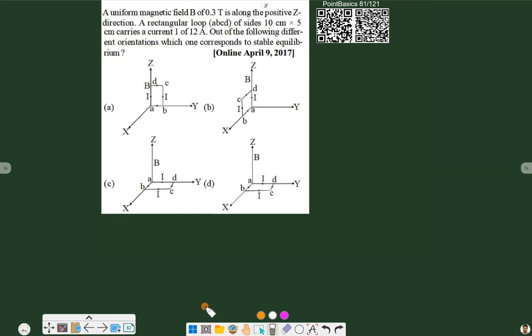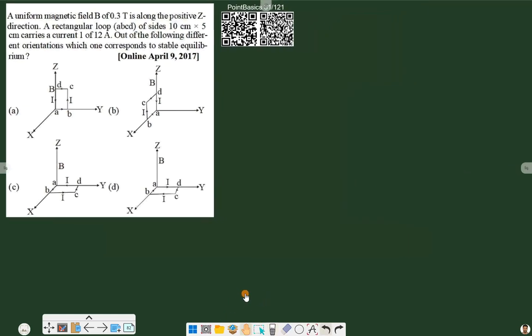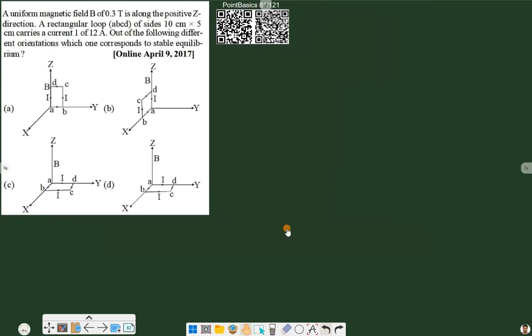Now, for stable equilibrium, the torque needs to be 0. Torque should be 0, and torque for a closed loop is given by m cross B. If m cross B is 0, it means theta is 0 between the magnetic dipole moment and magnetic field.